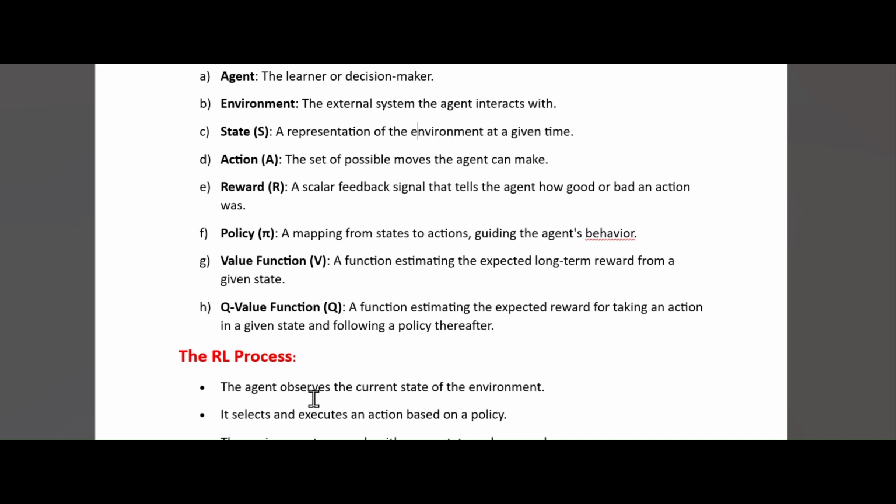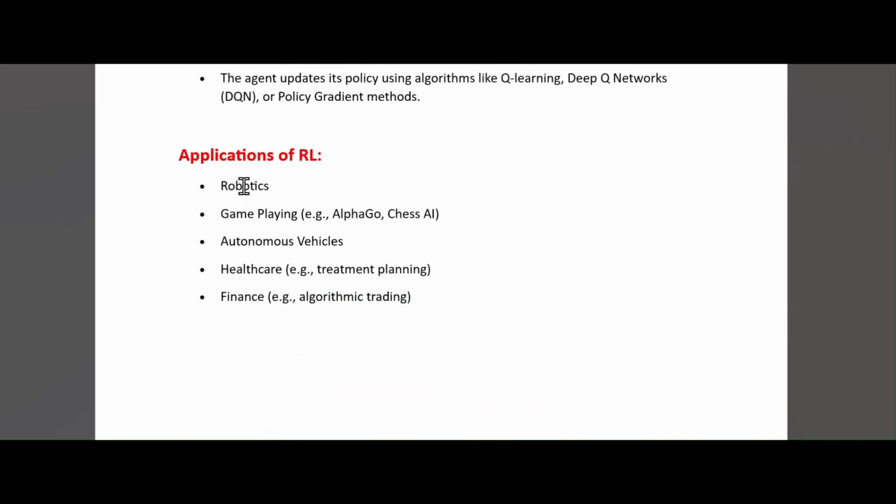RL problems have numerous applications, like robotics. RL can be used in robotics to teach robots new skills such as grabbing objects or things around the environment. It is also used in game playing to create AI agents that can play games like Go, poker, Pokemon, and video games.